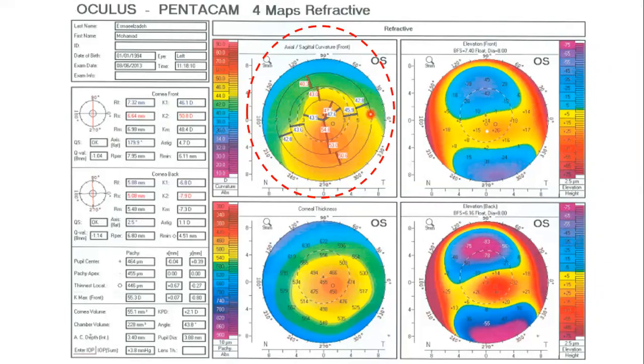Here, we can appreciate only by seeing the color coding that this area looks more steep, and this is also asymmetric if you compare this portion with its mirror image in the upper portion. This is not very symmetric, so it is asymmetric, and this is an irregular cornea. Whether it is irregular or regular, we'll discuss later.